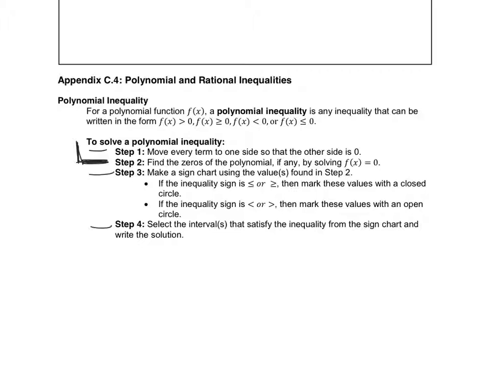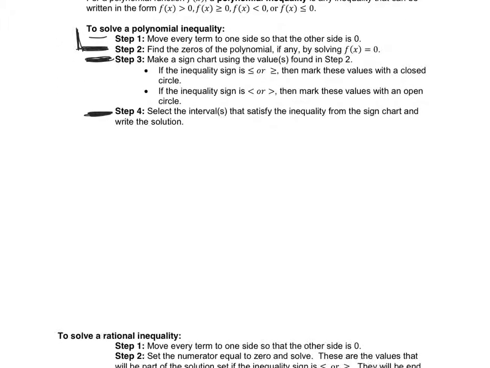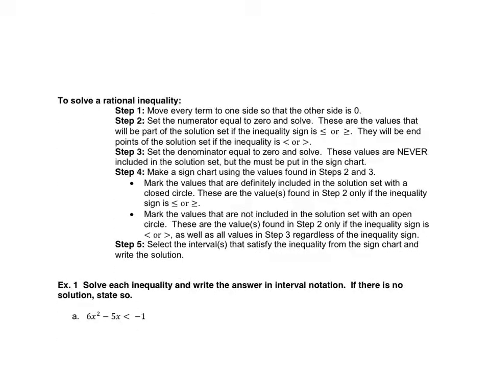Now the third step is going to be, once we find the zeros, we're going to have to make a sign chart using the values found in step 2. And then we select intervals that satisfy the inequality from the sign chart and write the solution. And so the new parts are going to be step 3 and step 4 of what we have already been doing.